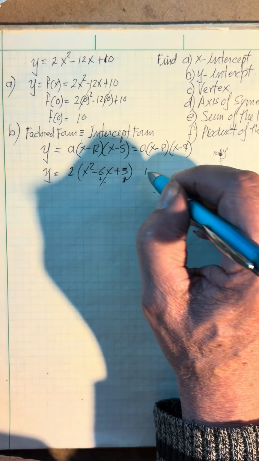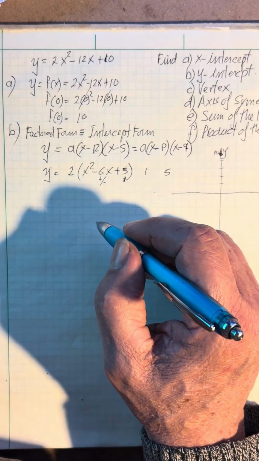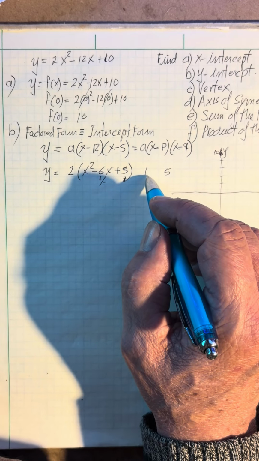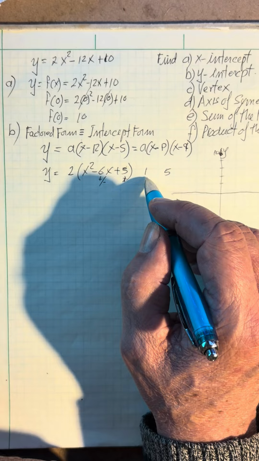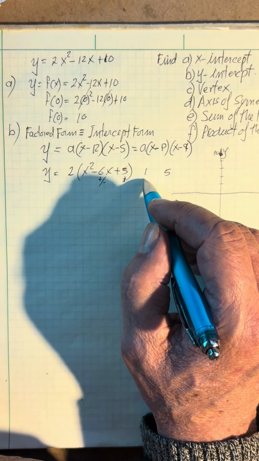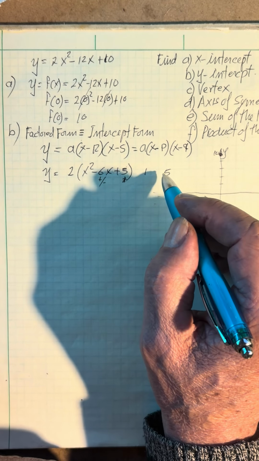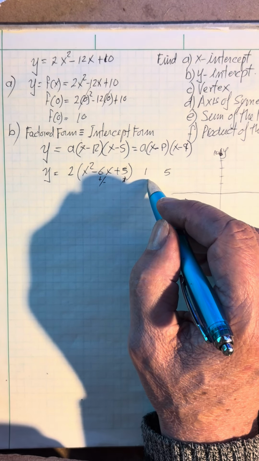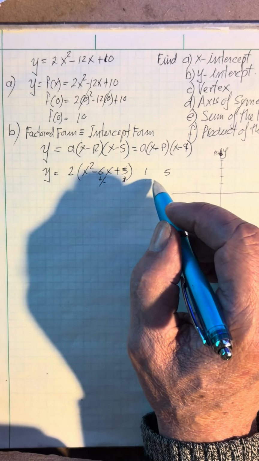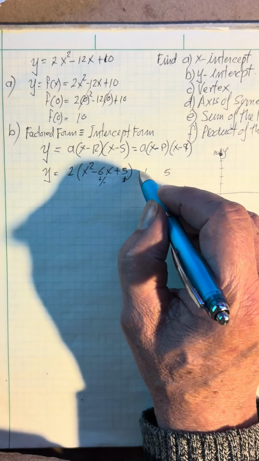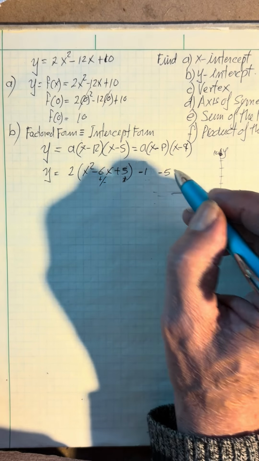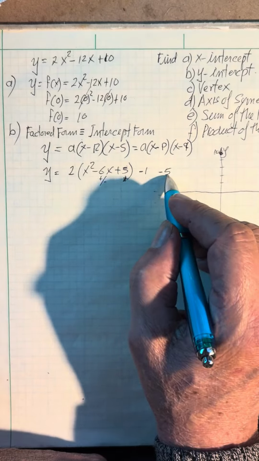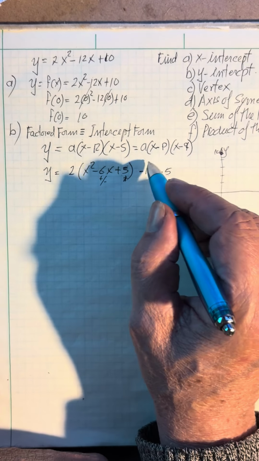Those numbers are 1 and 5. What sign should they be? That's the question. Well, in order to add to -6, this one has to be minus and this has to be minus. When we multiply them, they give 5. So these are the two factors.